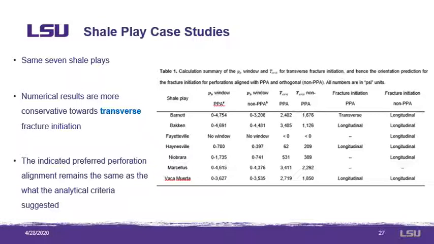The true three-dimensional numerical model is then applied on the 7 shale plays I mentioned in the first section. The longitudinal and transverse fracturing stresses were calculated as a function of the wellbore pressure. Then breakdown pressures from the literature were used for making a prediction for the orientation of fracture initiation in each plane.